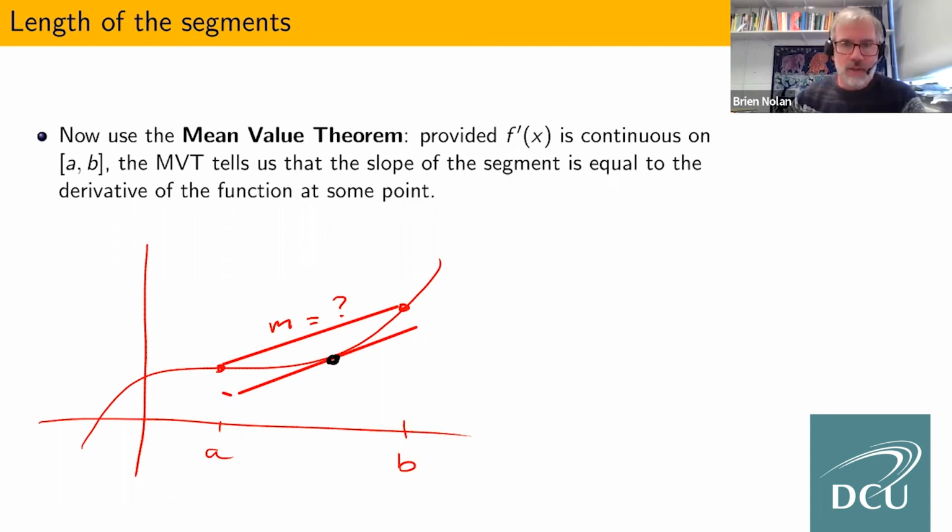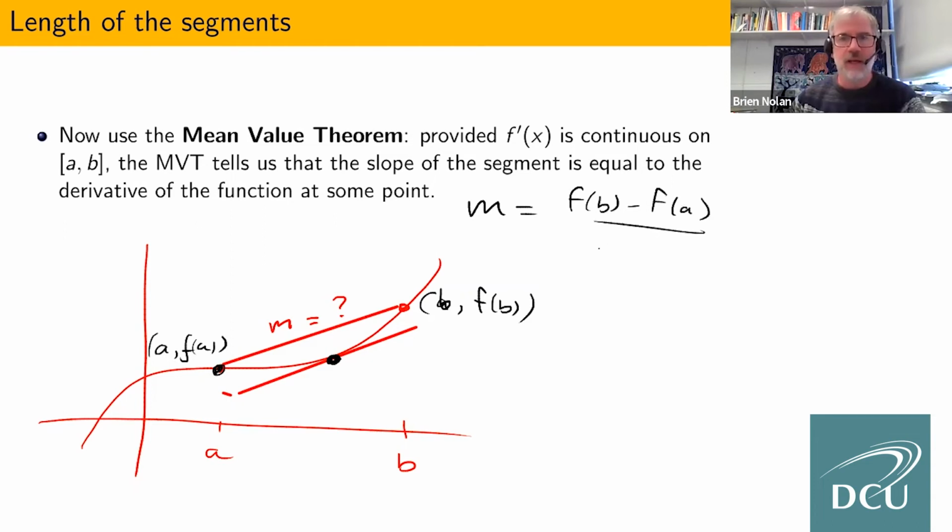So what's the slope of that line? Well, that point has coordinates x equals b and y equals f of b. This point here has coordinates x equals a, y equals f of a. The slope is y2 minus y1, f of b minus f of a, over x2 minus x1, over b minus a. And this point here, maybe at x equals c, the tangent line there has slope f prime of c.